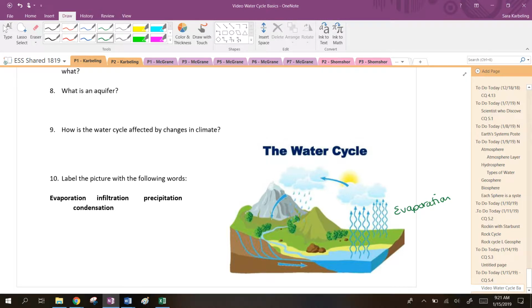In between the two clouds, that's where that condensation is happening. All right. Miss Sydney, what else you got? For precipitation, I have it on the raindrops. On the raindrops kind of over here? Yeah.